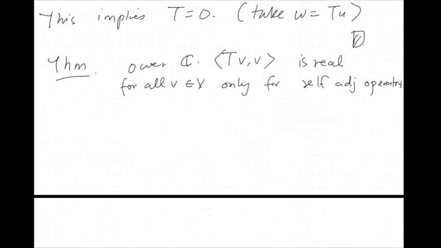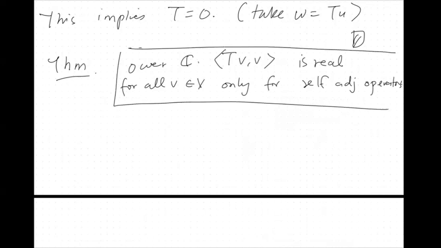Let me rephrase this. Suppose T is a linear operator, and V is a complex inner product space.